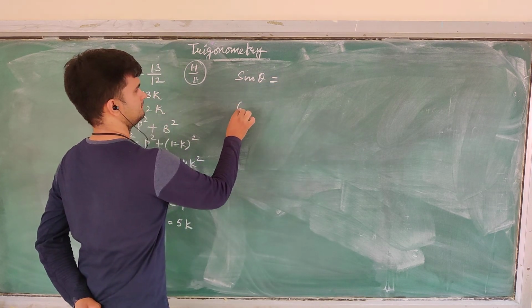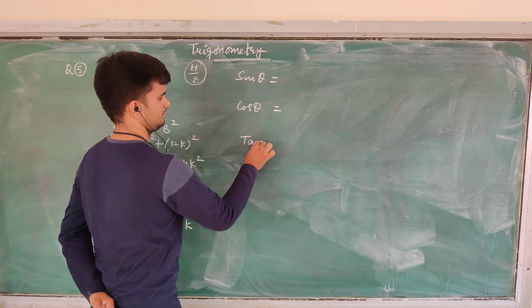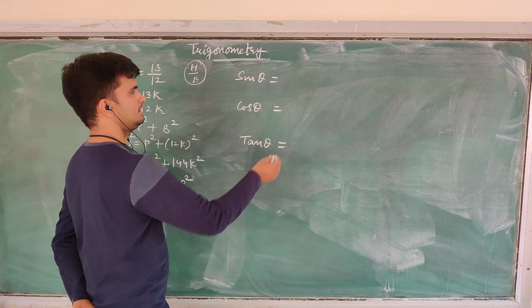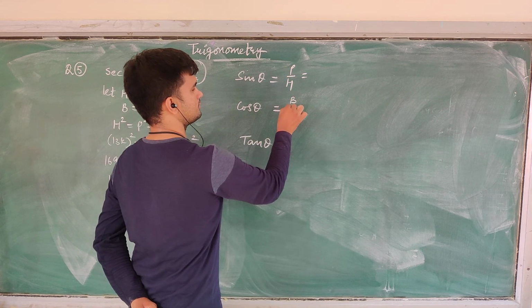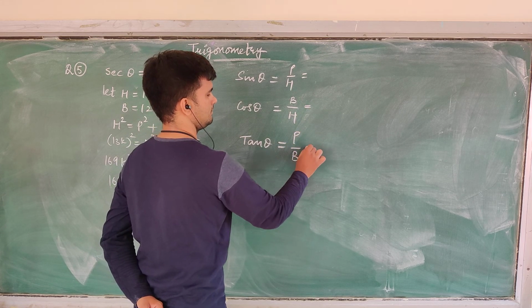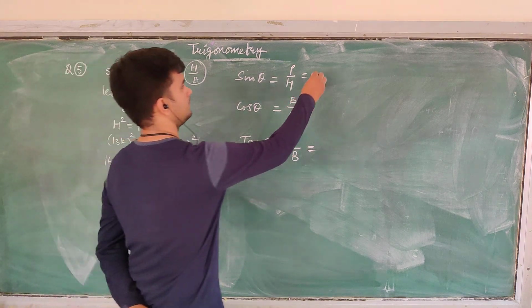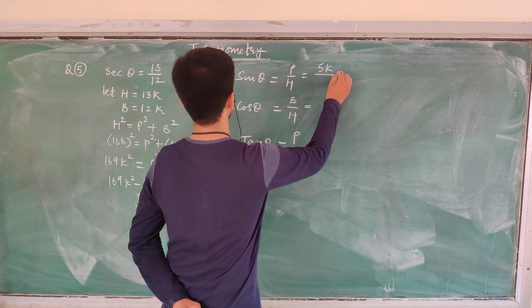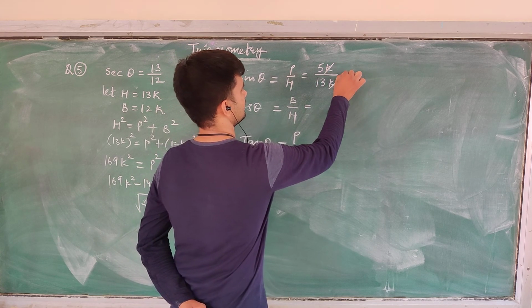Now they have asked calculate the other trigonometric ratios. Sin theta, cos theta, tan theta. Sin theta is P by H. Cos theta is B by H. Tan theta is P by B. Now see what is P. It is 5k and H is 13k.